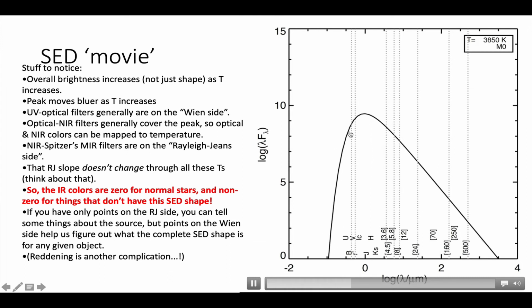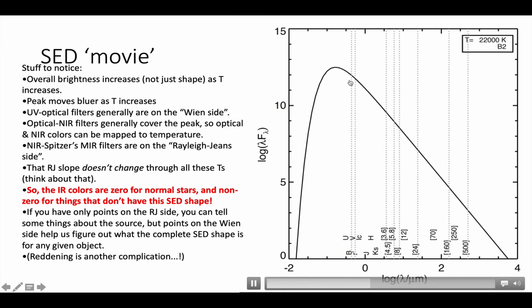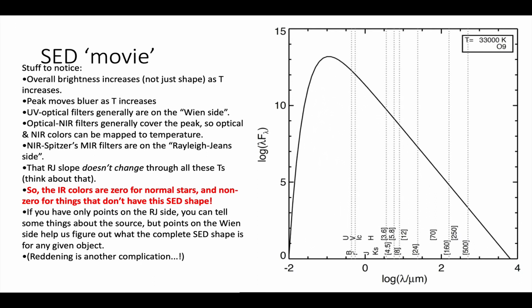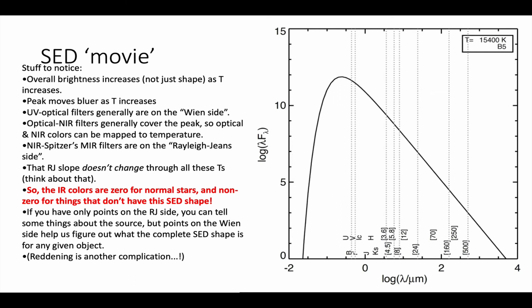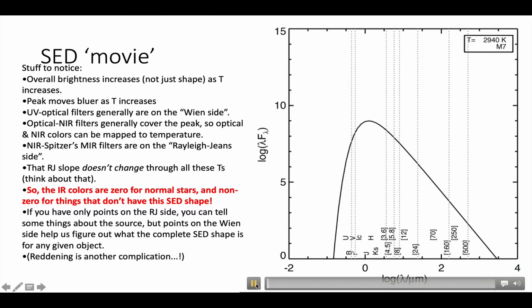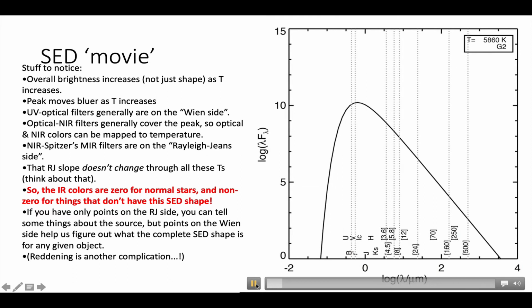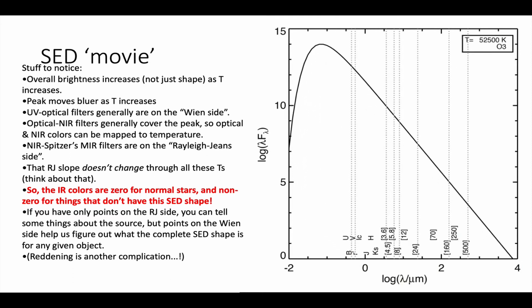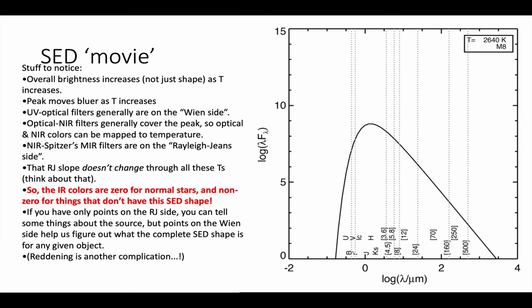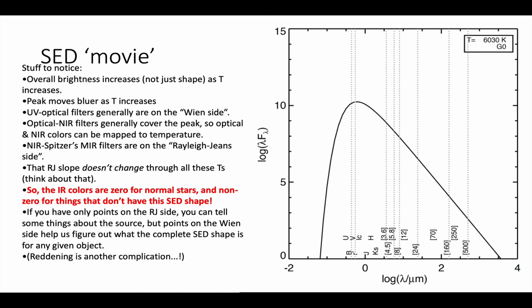Here it's positive, there it's flat, and now it's a negative slope. This is why B minus V so easily converts to stellar temperature. It's because the B and V wavelengths cross that blackbody curve as it's changing rapidly as a function of temperature for the characteristic temperatures exhibited by stars. So that's why B and V maps so easily to temperature.